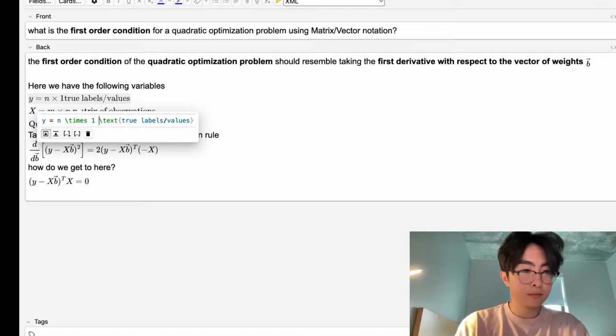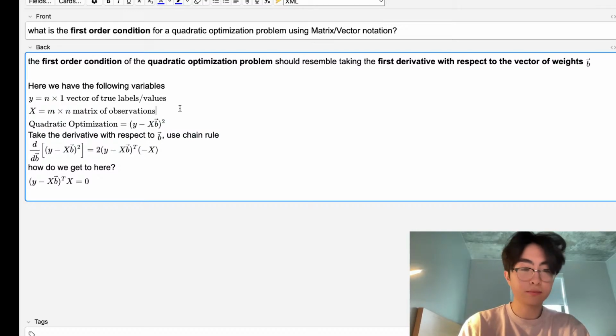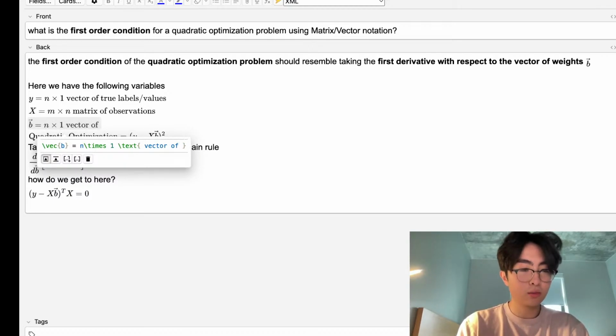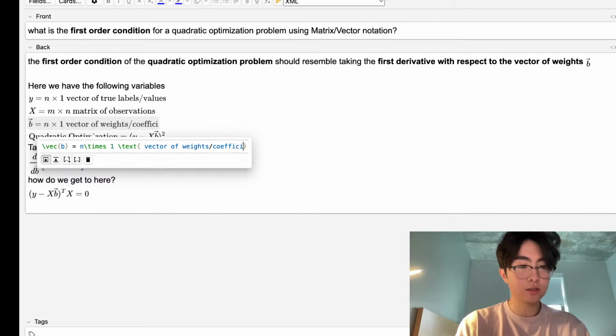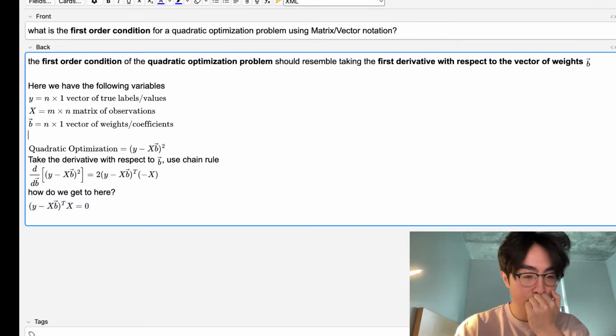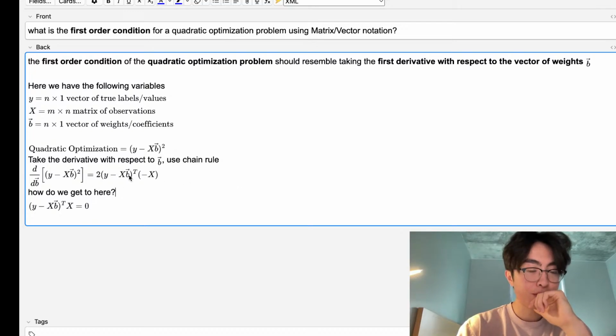One vector of true labels slash values. Vector of weights coefficients. Transpose.